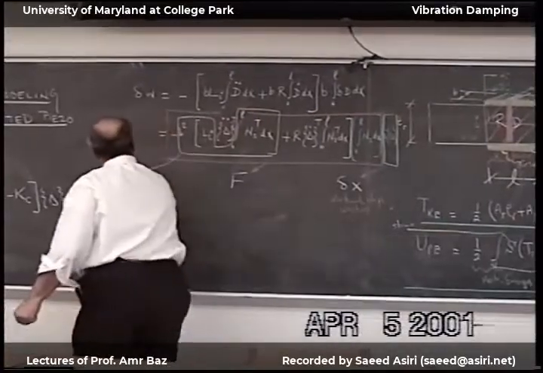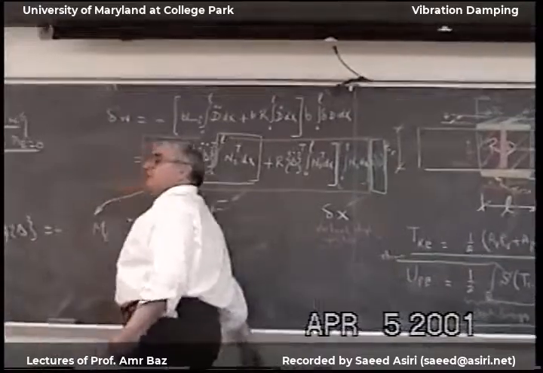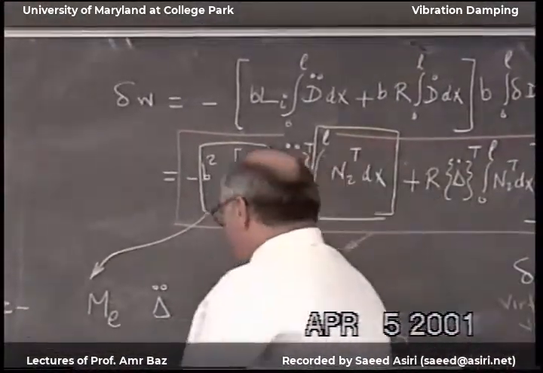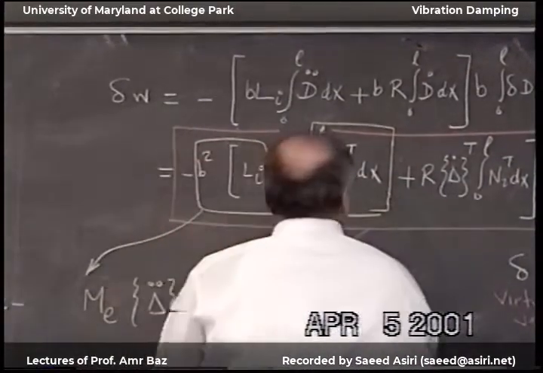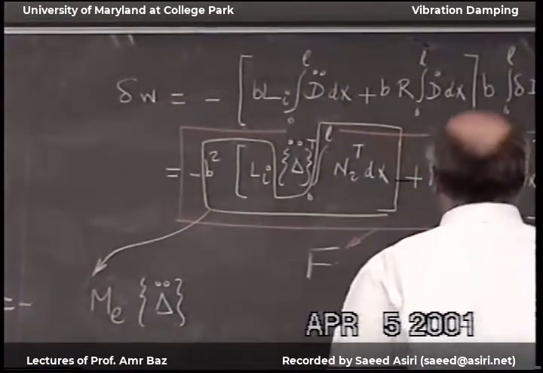This matrix, I'm going to call it M electric because it multiplies delta double dot. This matrix, oops, I'm sorry.